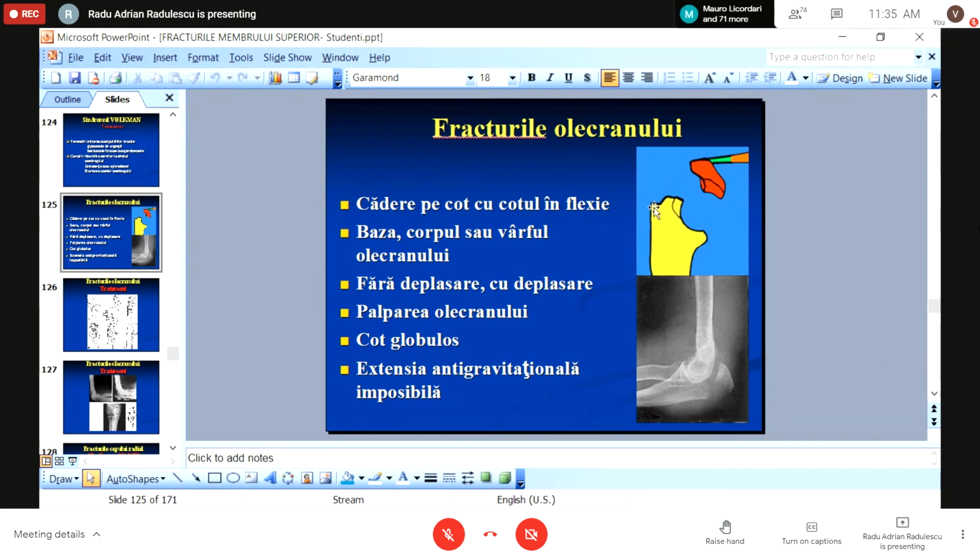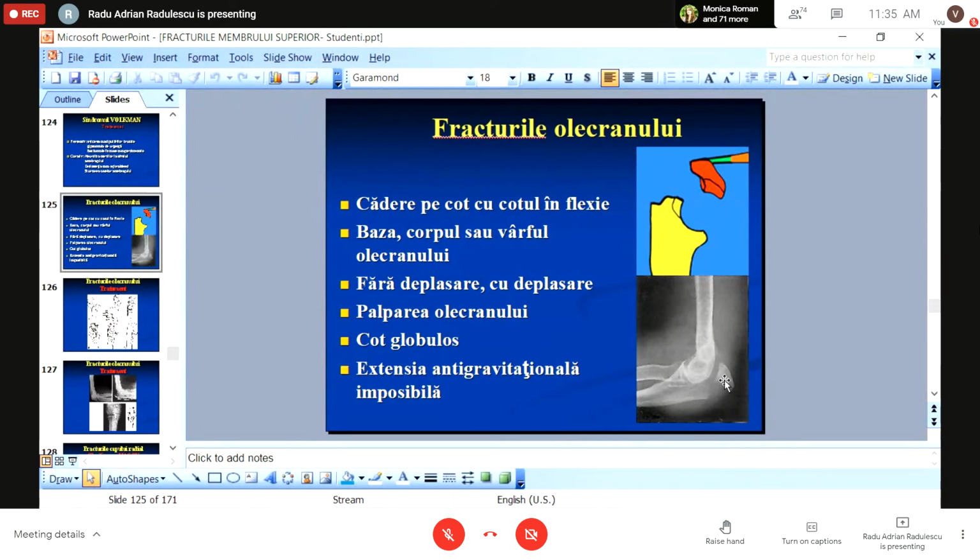The fracture of the proximal epiphysis of the ulna, which is called the olecranon, you can see here in this drawing. The olecranon fractures usually occur by falling from the same level on the elbow. Usually these fragments are displaced, and you'll see a gap in between the bones.